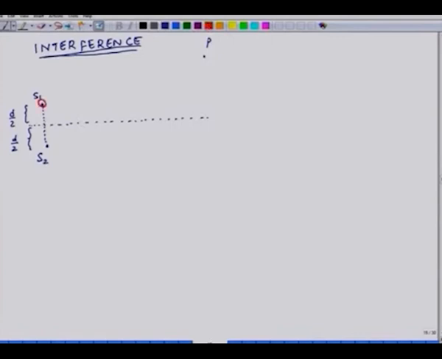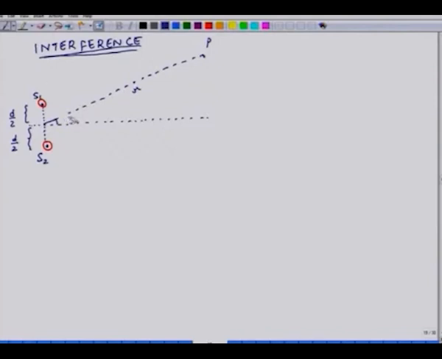So, these are two sound sources and this is my origin. So, with respect to the origin, this point P is located, and the distance from the origin to point P is r, and this angle is theta.